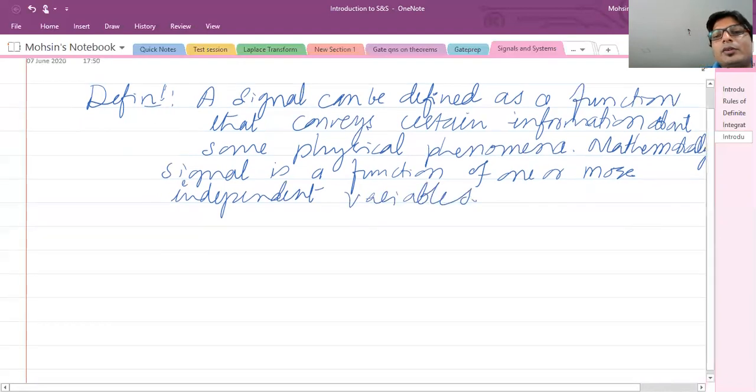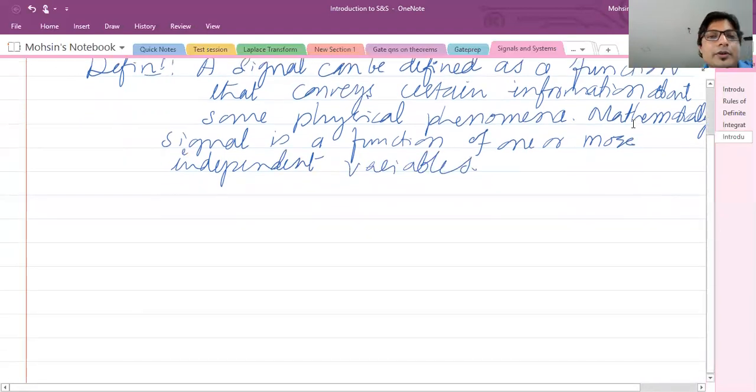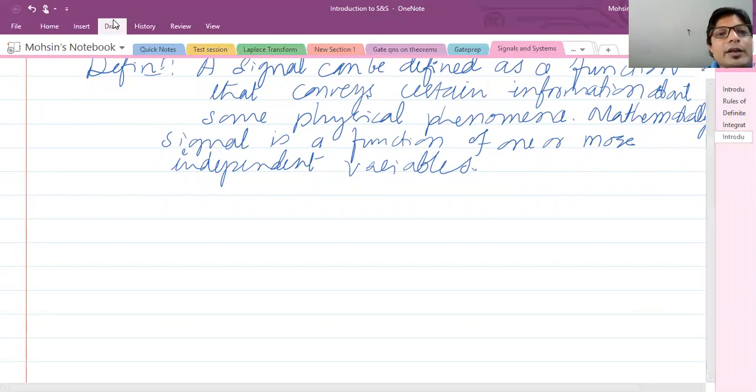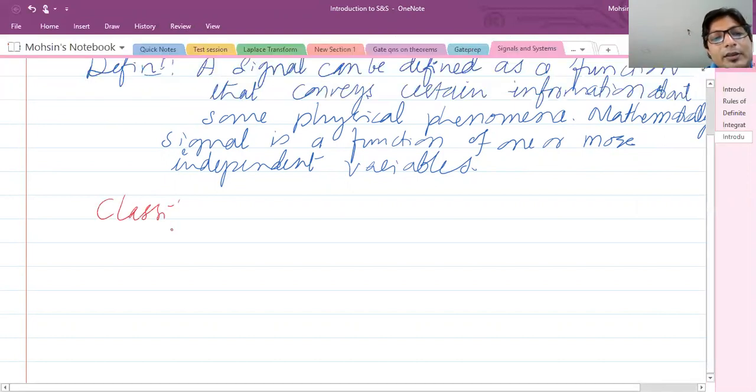Okay, so here, based on the number of independent variables that the function depends upon, we can classify the signal into two types. This is the basic classification based on the independent variables, it is not the actual classification.